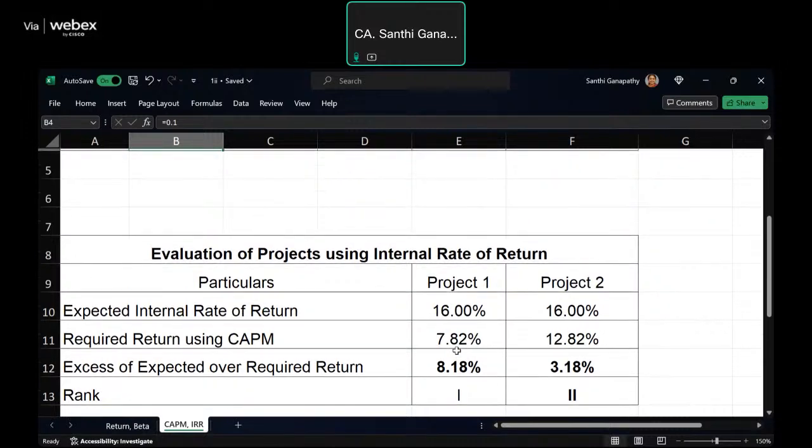IRR is the rate of return which a proposal yields. We already found the rate of return to be 16%. Required return using CAPM we found just now. So the excess of expected over required will be the basis for the ranking.